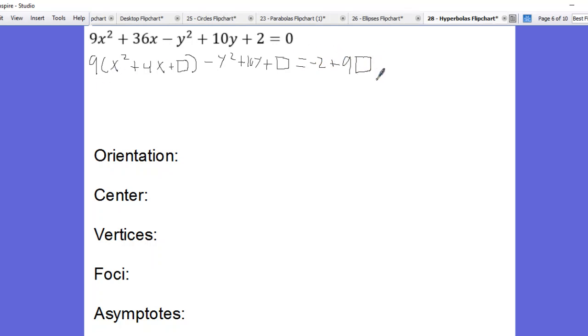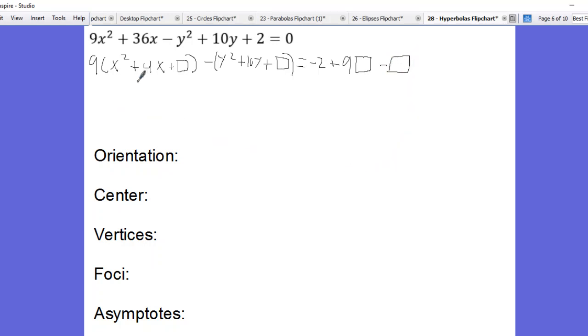for the x, and because we are technically multiplying this by negative 1, minus our complete the square term for the y.